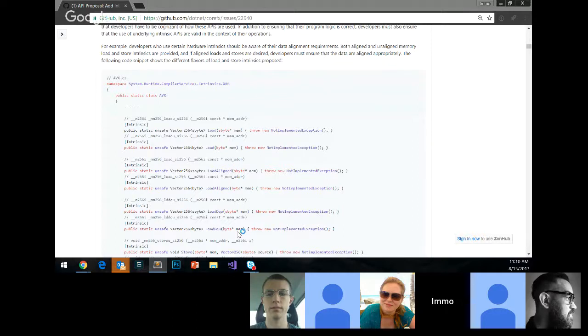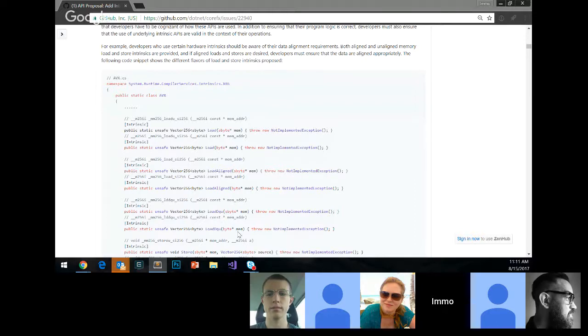But could it be pointed to a vector 256? That seems a bit weird, that it's a pointer to itself, but it's kind of that thing, isn't it? These are the things that actually give you values in the first place, right? You don't get a vector 256 otherwise.